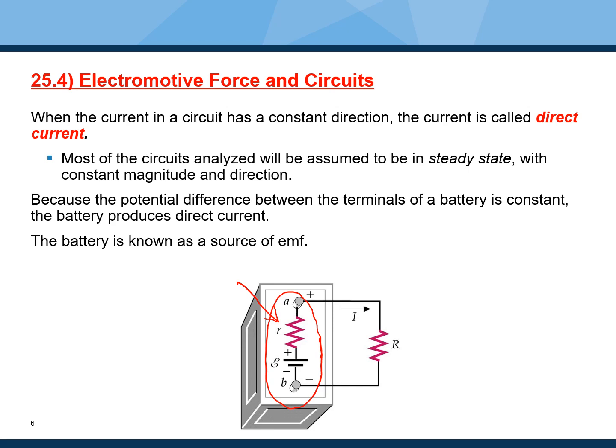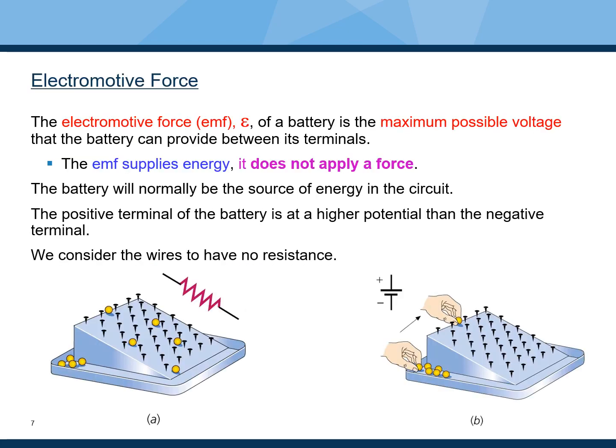So with this understanding, we understand how to work with real batteries. Now we say that the battery is a source of electromotive force. Okay, we understand that electromotive force, unfortunately, is not any real force.